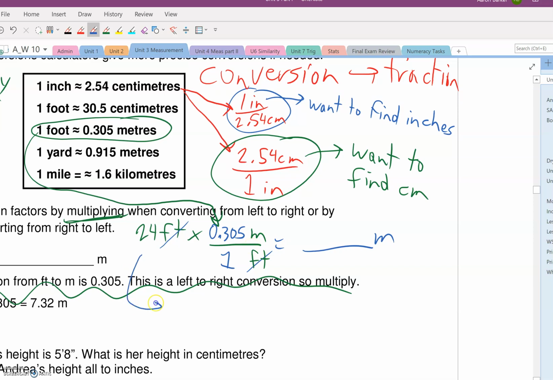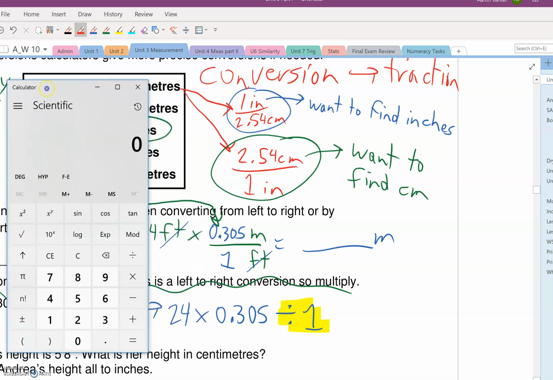So technically the math on our calculator, we go 24 times the top number, 0.305, divided by the bottom number, which happens to be 1. Now, you know what you're thinking, maybe we don't actually need that divide by 1 part, but that is the proper math, and so that's what I have to tell you by law.